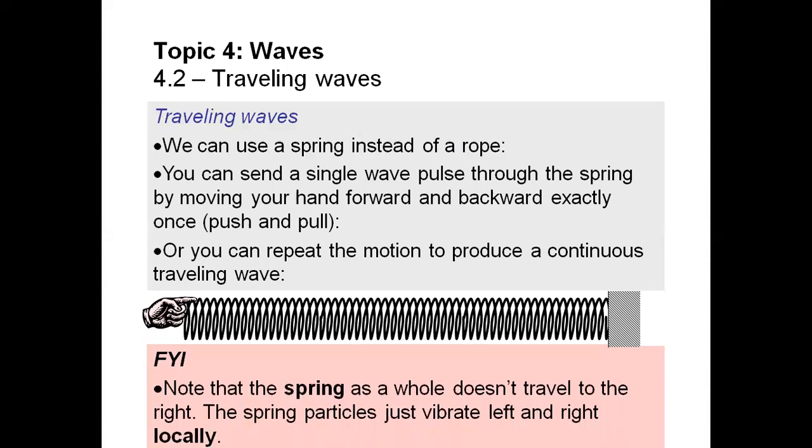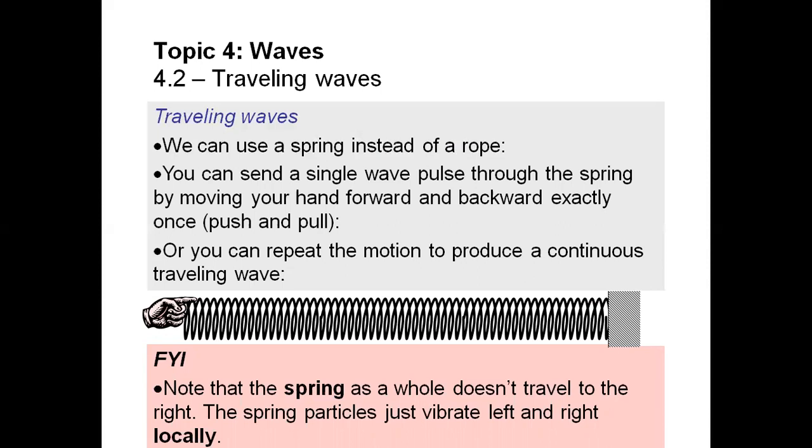Note that the spring as a whole doesn't travel to the right. The spring particles just vibrate left and right locally. In this example, the particles on the spring are just moving right and left. They're not traveling. They just vibrate between two fixed points, as in the previous one. In the previous one, the particles were moving up and down, but in this one, the particles are moving right and left.